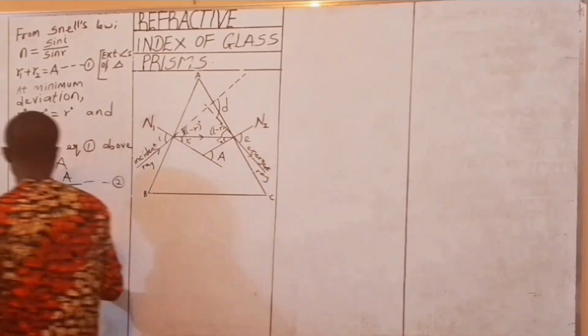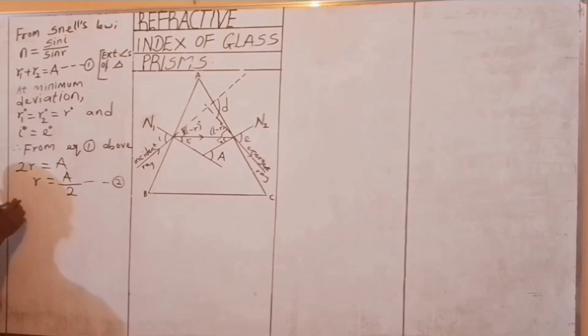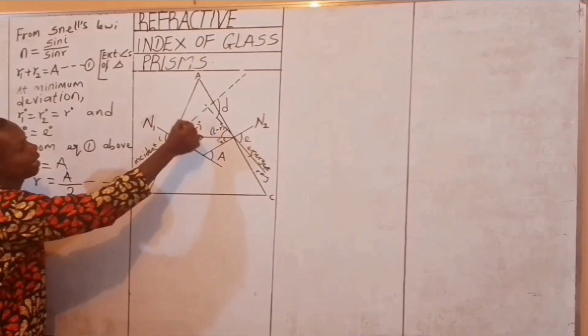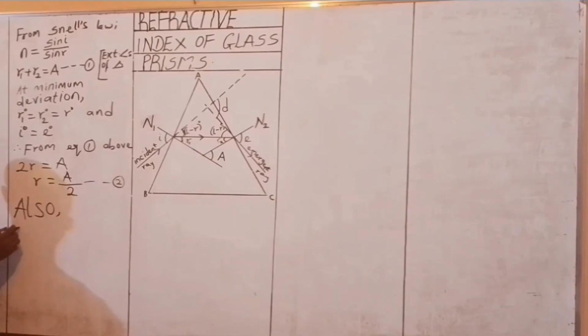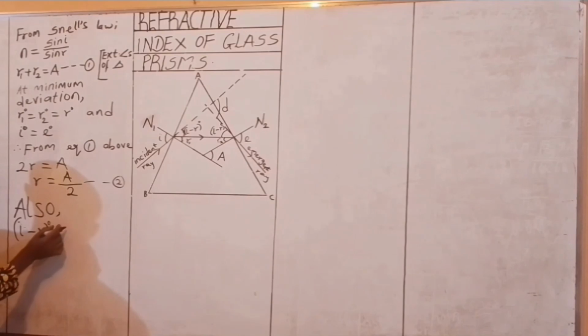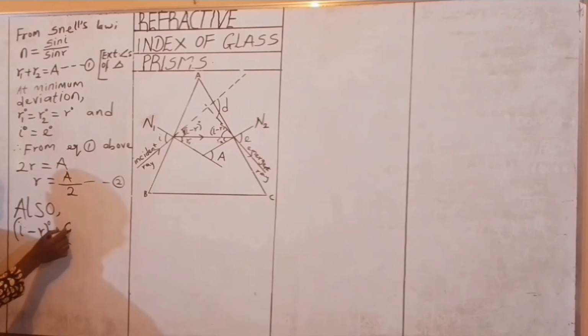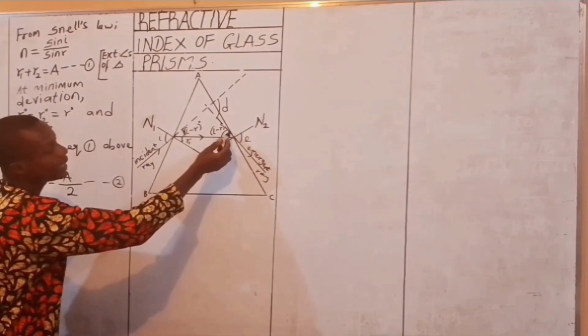So we now write, at this upper triangle, we have i in degrees minus r, all in degrees, plus bracket open, i again, because same thing applies here too.